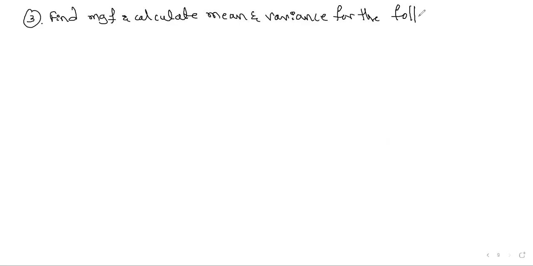Find the moment generating function and calculate mean and variance for the following distribution: f of x equal to lambda into e power minus lambda x, where x is greater than or equal to 0.